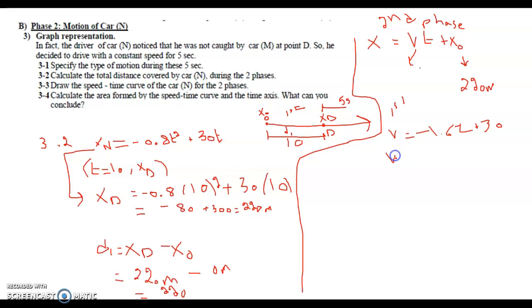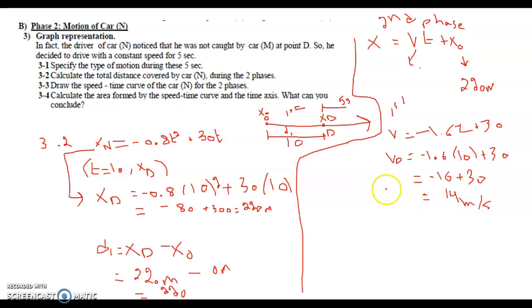So VD is equal to minus 1.6 into 10 plus 30. This is equal to minus 16 plus 30, which is equal to 14 meters per second.